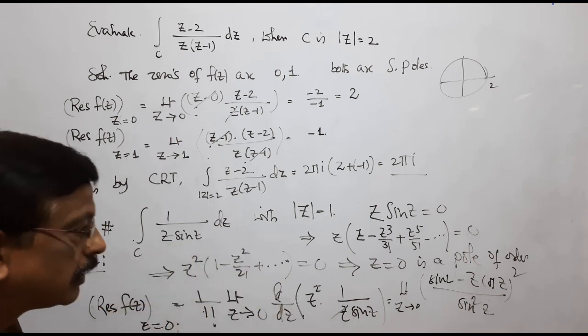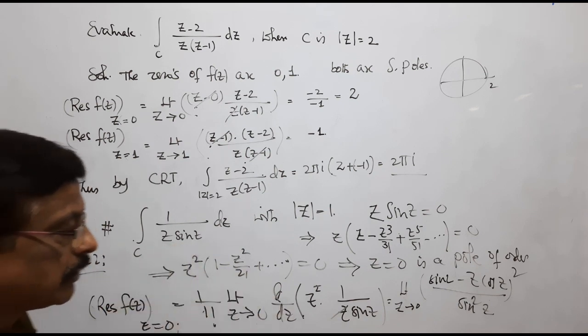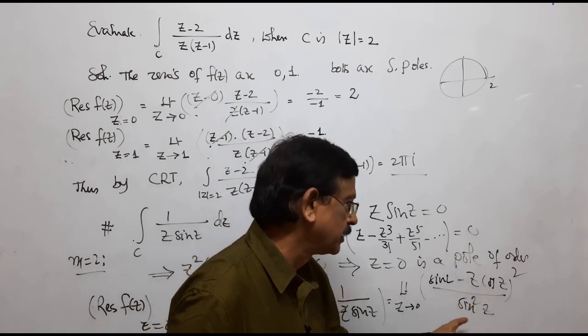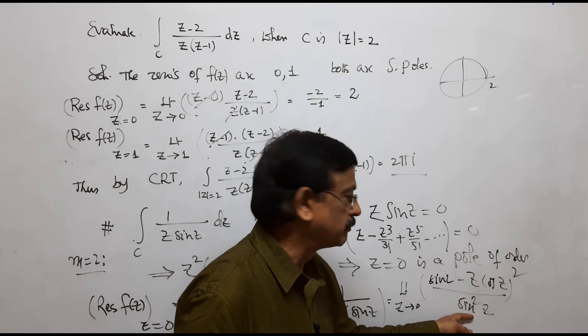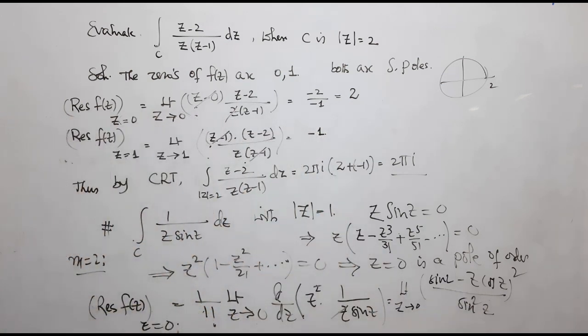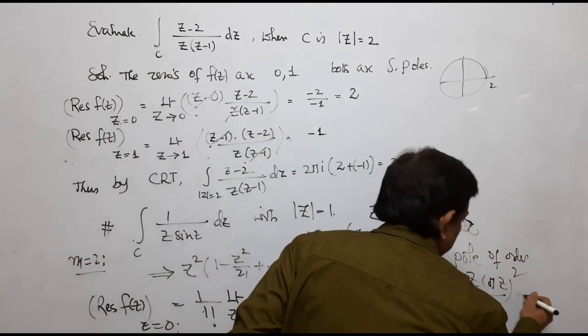Find the limit using L'Hospital's rule. If you calculate, the residue will be simply 0.